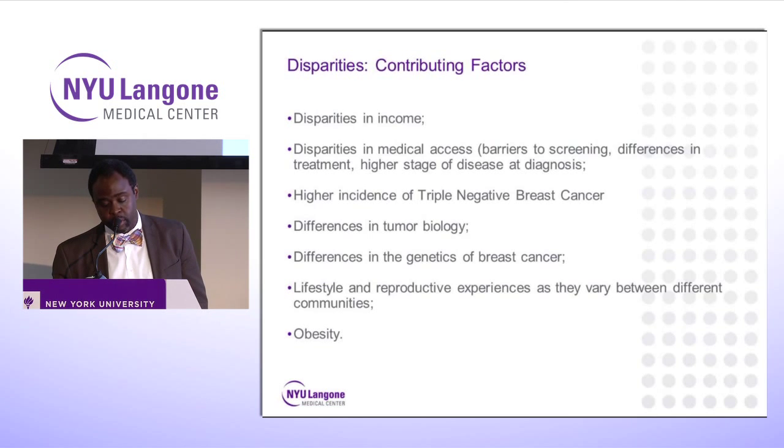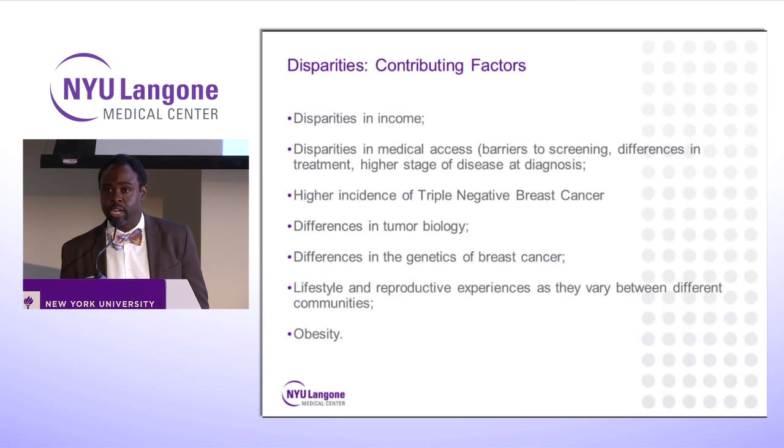But what's also a very important contributing factor is this third point, a higher incidence of triple-negative breast cancer. I don't know if you've talked about that today, but triple-negative breast cancer is a particularly aggressive form of breast cancer that's basically characterized by the lack of certain receptors that are associated with good prognosis. We believe that this happens about 3 times more commonly in black women for reasons that we don't currently understand.